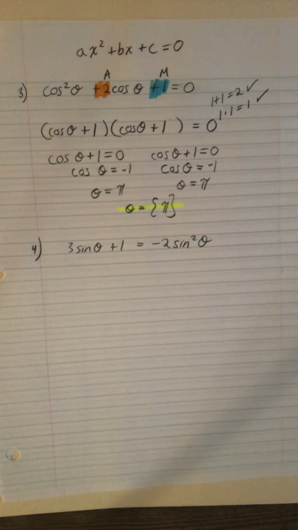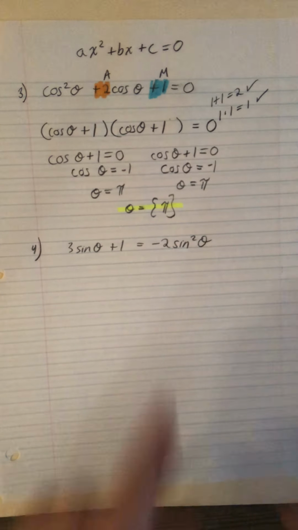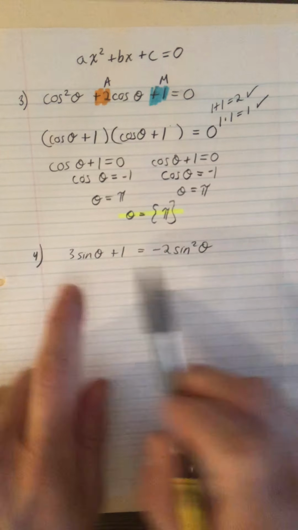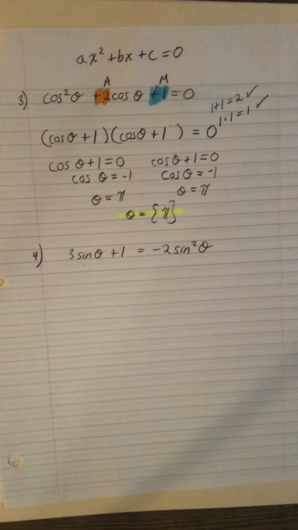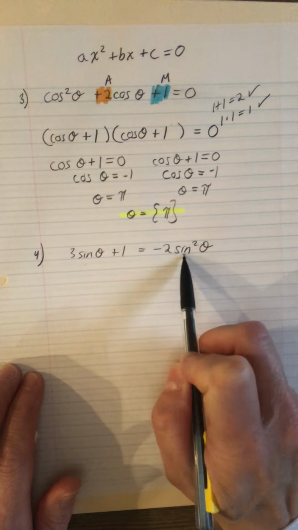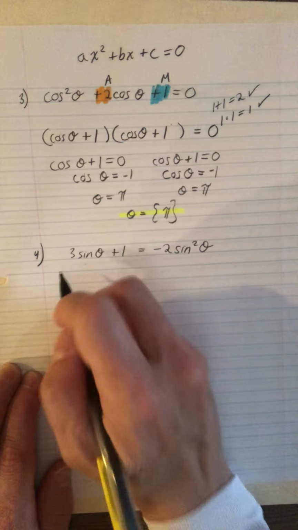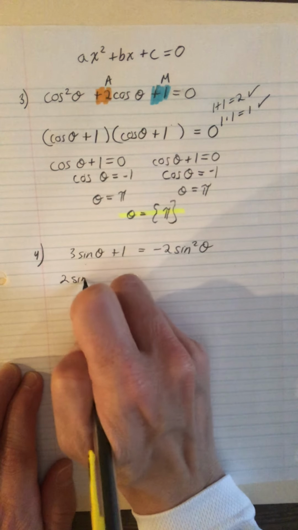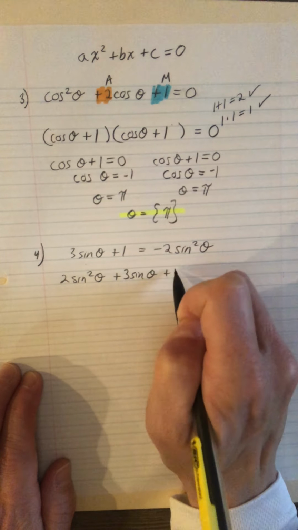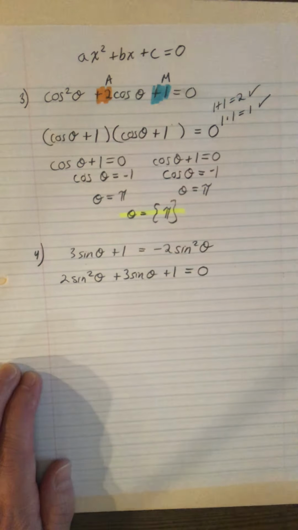And we have two terms with sines that are unlike terms. So I have a sine squared and a sine. Again, any type of problem that's in quadratic form, we need to set it equivalent to 0. So I'm going to take this negative 2 sine squared theta and I'm going to add it to the other side to get 2 sine squared theta plus 3 sine theta plus 1, it's going to be equivalent to 0.